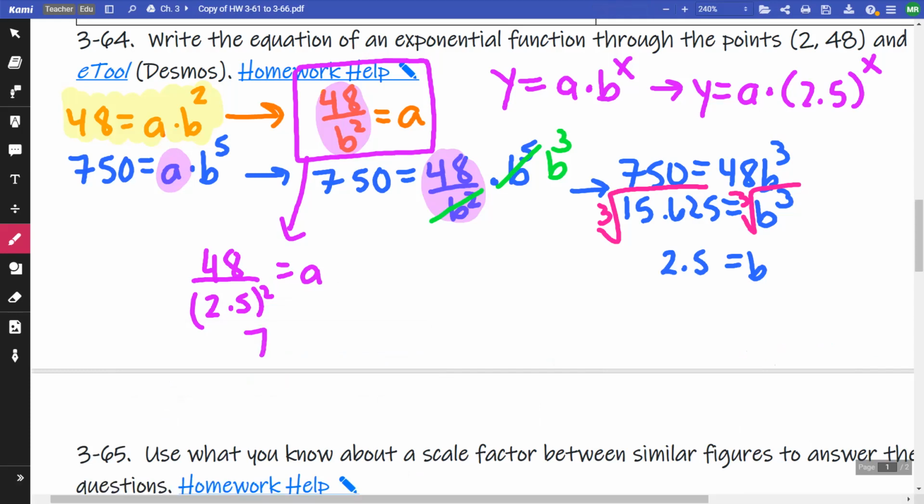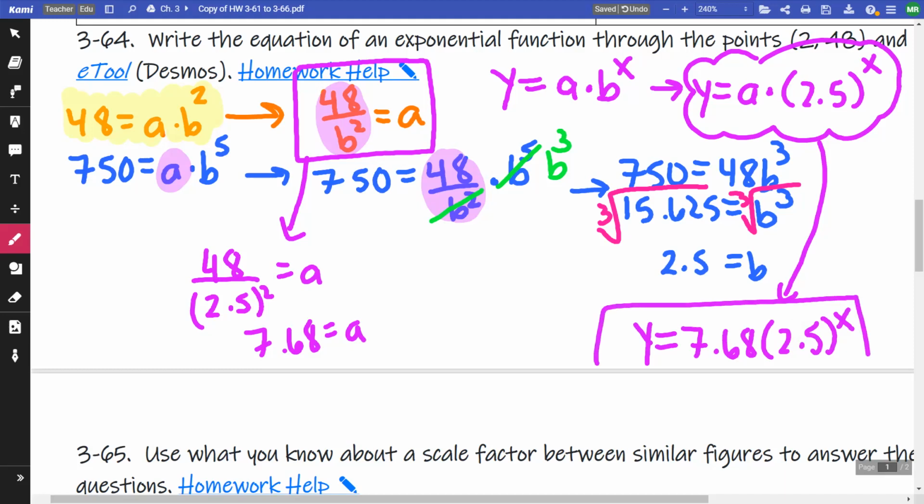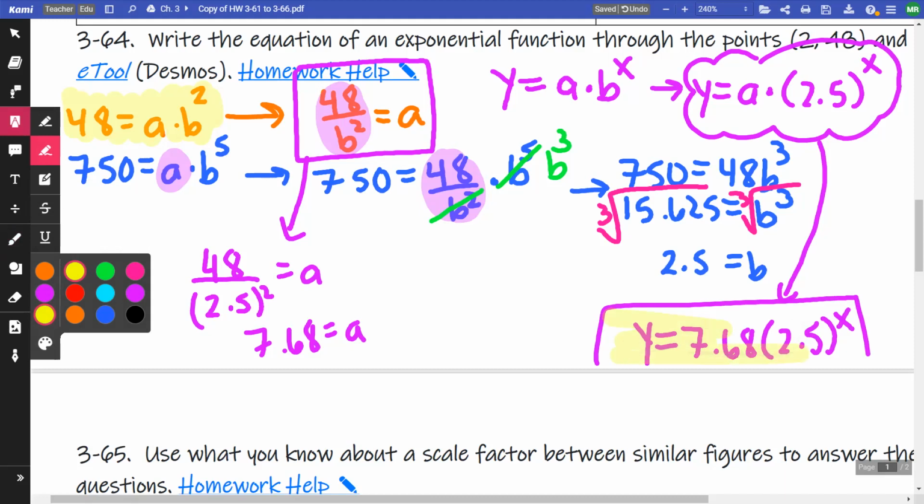So this is going to be 7.68 is equal to a. So now into this equation up here, I can put my a. So I'm going to have y equals 7.68 times 2.5 to the power x. And that is my final answer. This one right here that I'm highlighting.